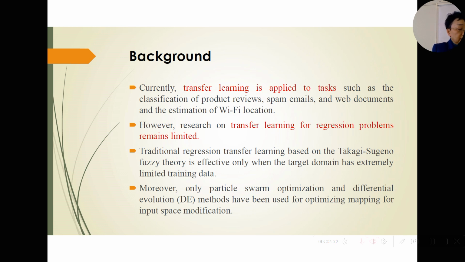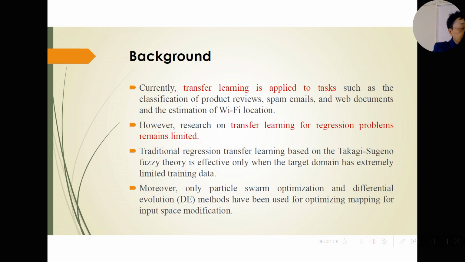Secondly, transfer learning is applied to tasks such as classification of product reviews, spam emails, and web documents, and the estimation of Wi-Fi location. Numerous methods have been proposed, particularly for text and image classification.